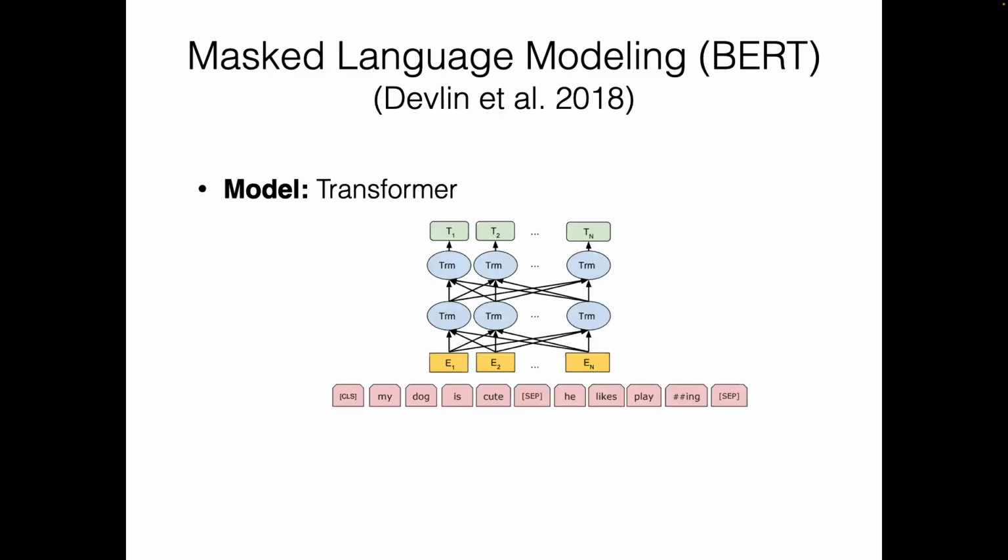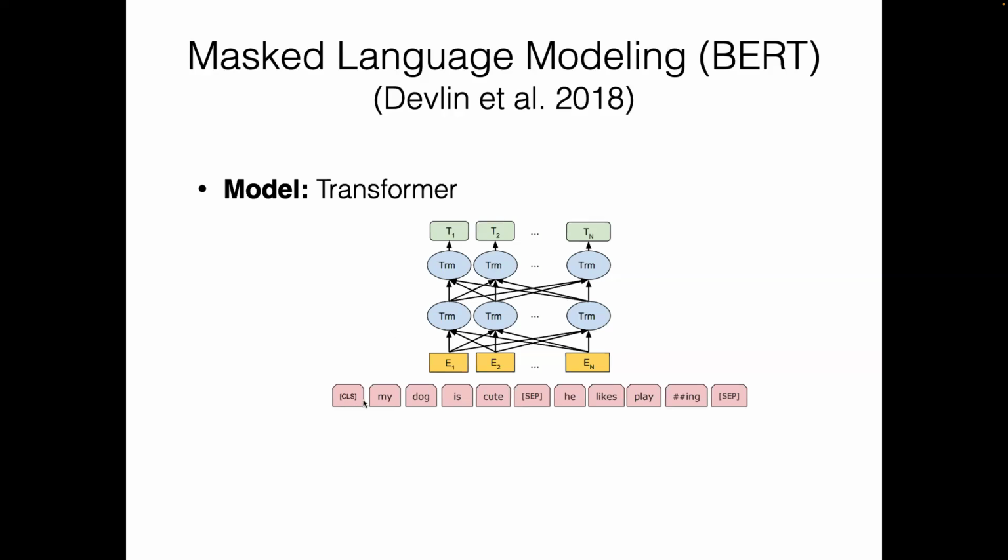I forgot what the E and R are, but anyways, the model they're using is a transformer, like we saw last class. Here at the bottom, you give it some sequence of tokens, and this is just visualizing the transformer. And then up here, you have the vector representations, and you'll get one vector for each token.